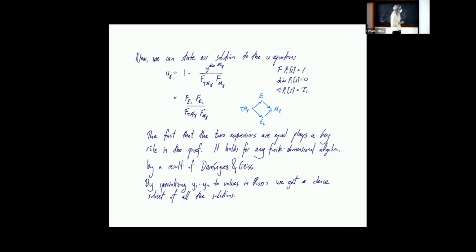It's just U gamma is 1 minus y to the dimension of M gamma, divided by the F polynomial for the tau of M gamma and divided by the F polynomial for M gamma.